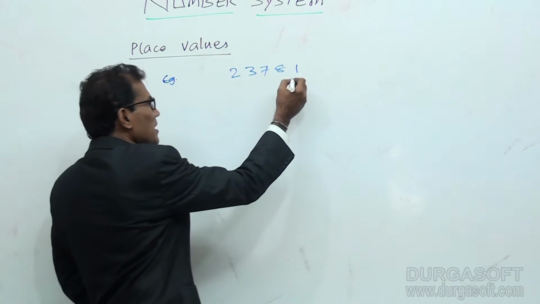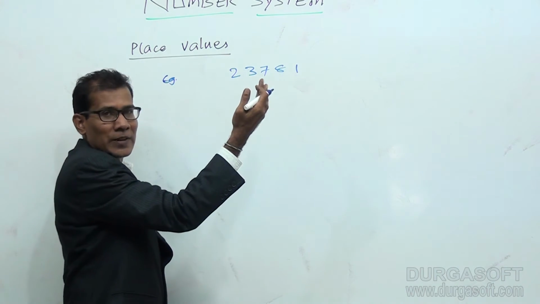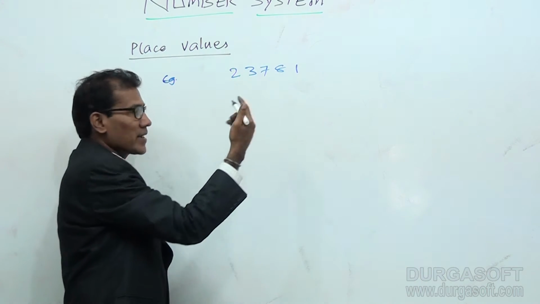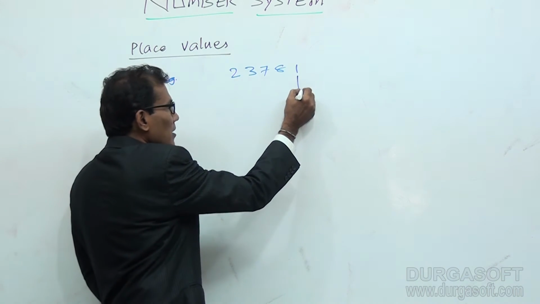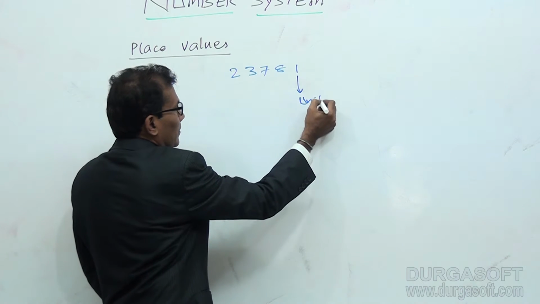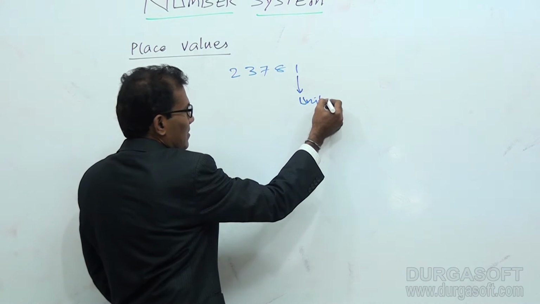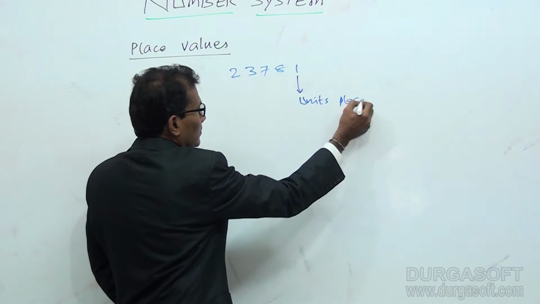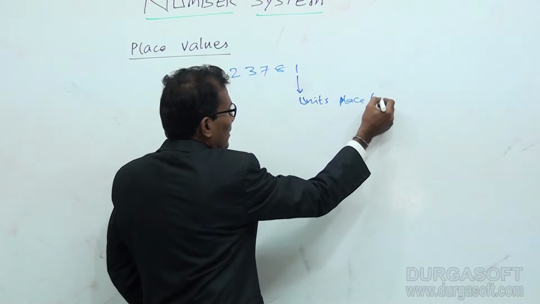So what is the place value of this? Always, we start the place value from the right side. The place value of the extreme right end is the unit digit, or units place. We can call this the unit digit.